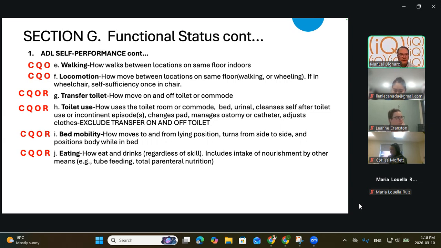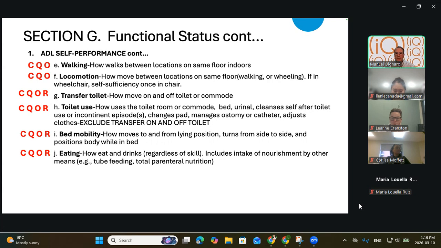And then the last four here, we see that they will impact all four: your care planning, your CAPS, your quality indicators, your outcome measures, and your RUGs. So the late loss ADL.